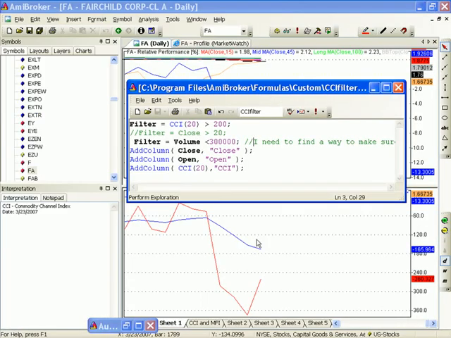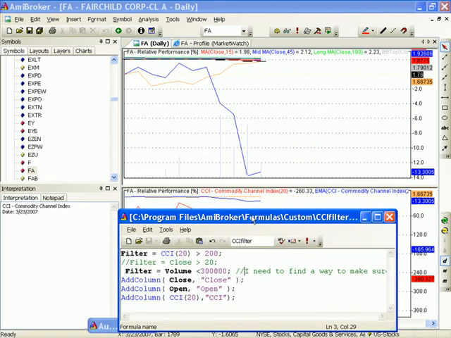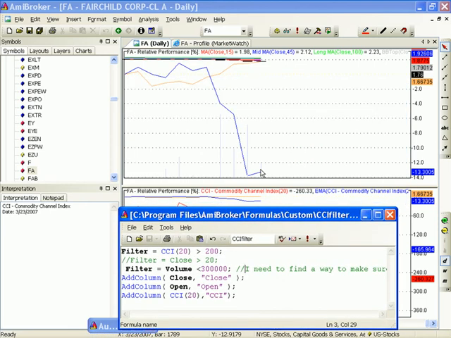Minimize this. You can see the volume here. Volume is 19,000. Maybe I've got this code wrong. Control S, and we'll try it again.